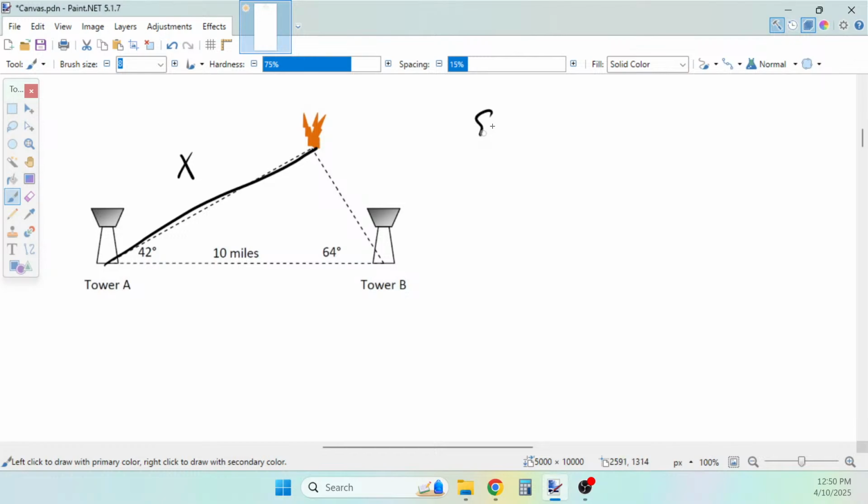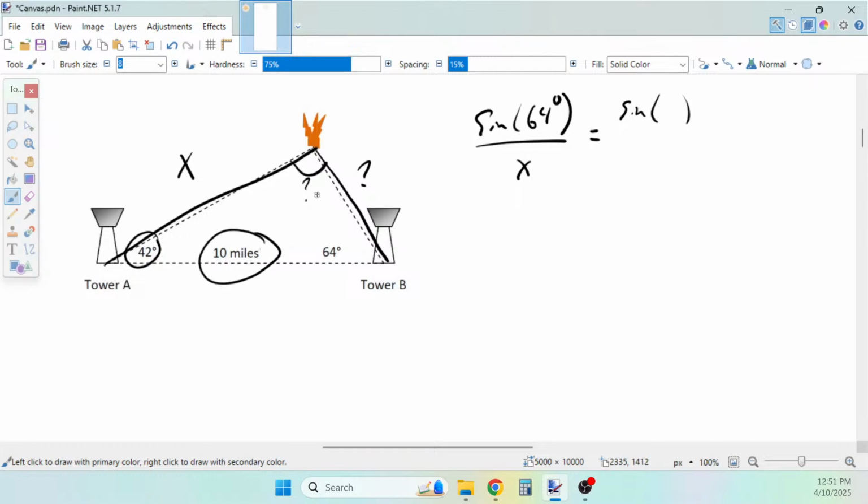We know that sine of 64 degrees over x has to equal sine of, well, this angle over this length, which we don't know, or this angle, don't know, divided by 10 miles.